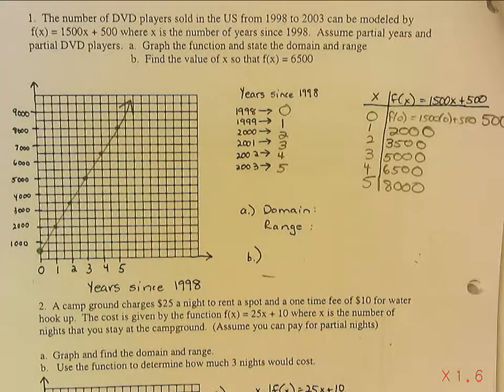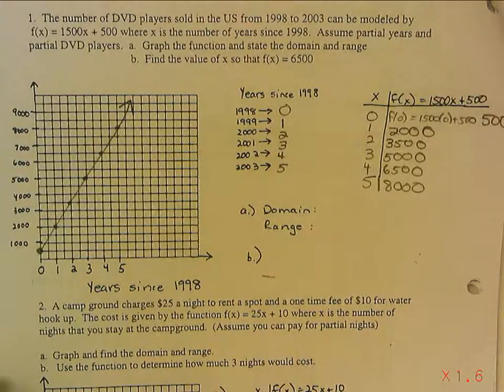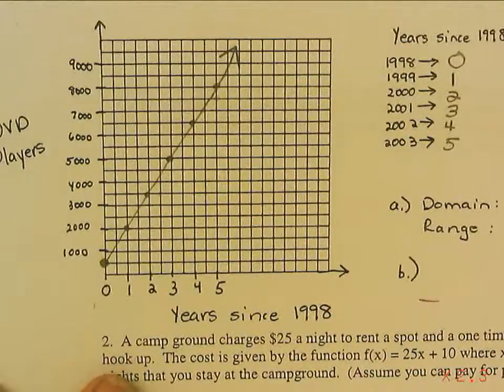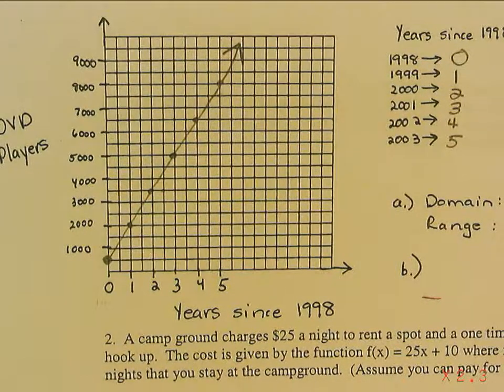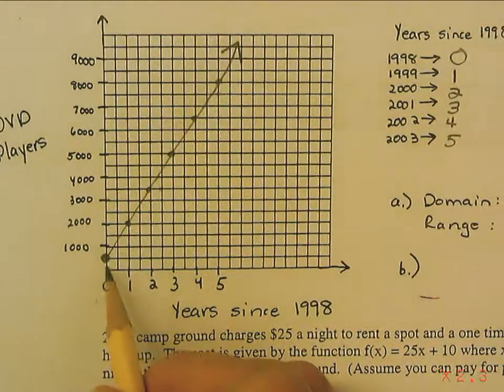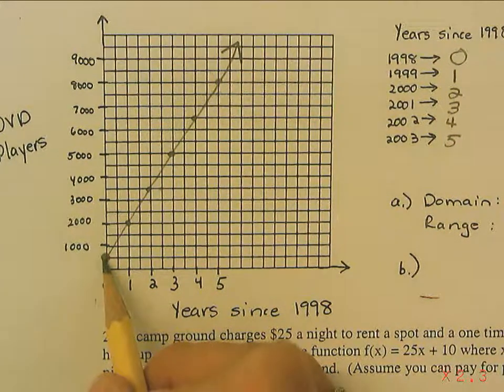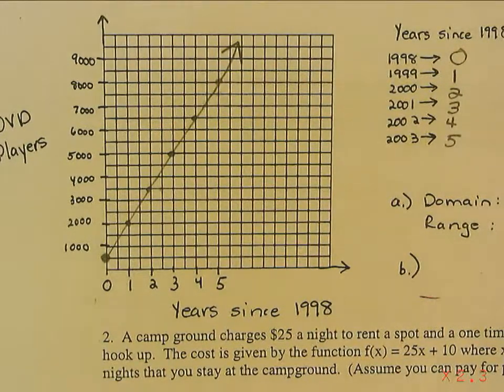Now, it also wants us to find out what the domain and range is. Now, what that means is, and we'll just zoom in for a little bit here. When you find the domain and range, you ask yourself, what is the minimum possible x value, and what is the maximum possible x value?